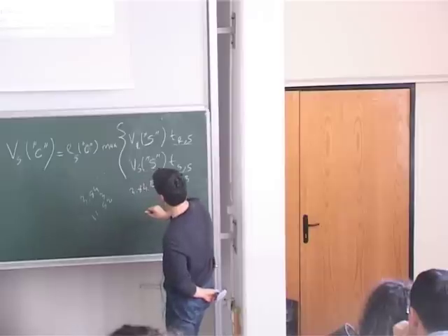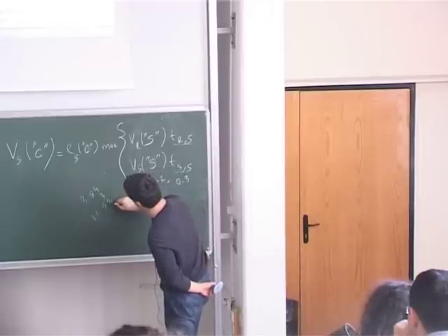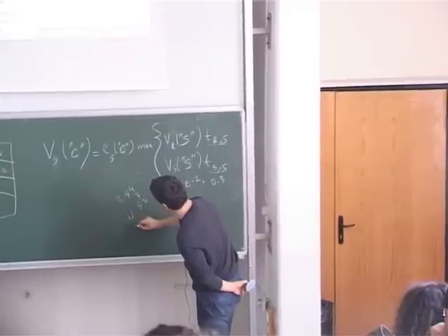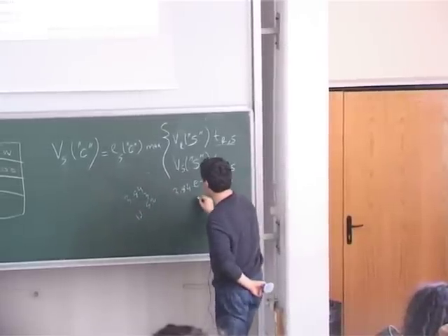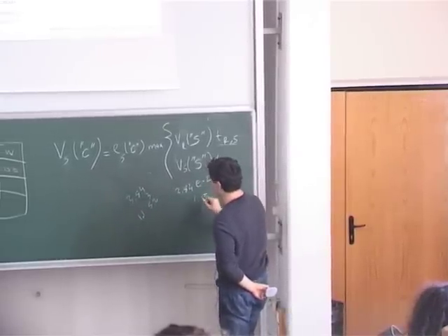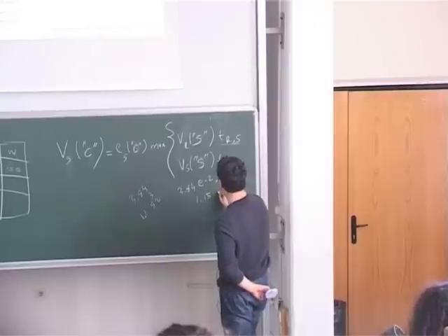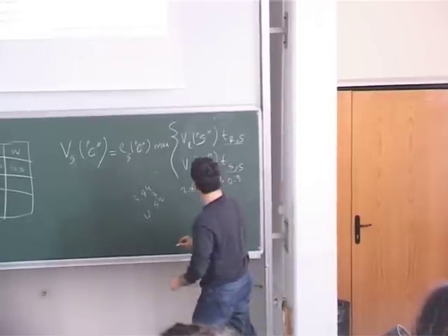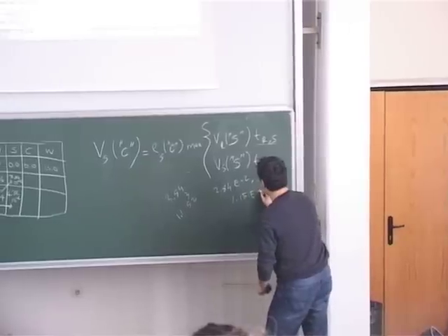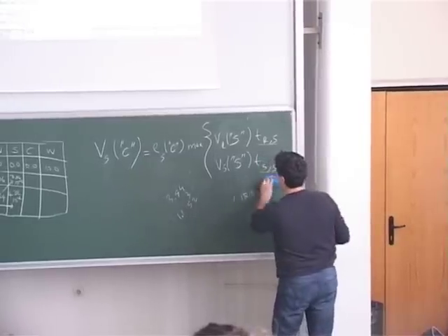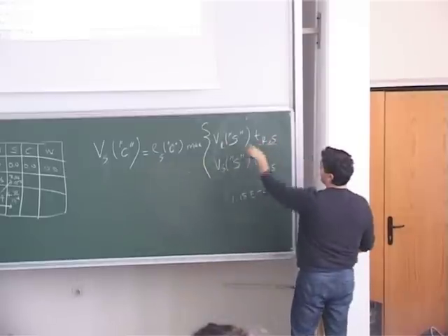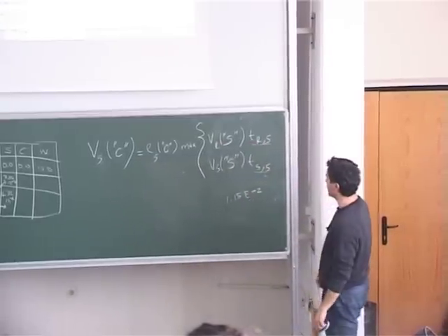Okay, I'm just going to do it like this. 1.15 10 to the minus 2. Okay, so the first one is 1.15 10 to the minus 2.